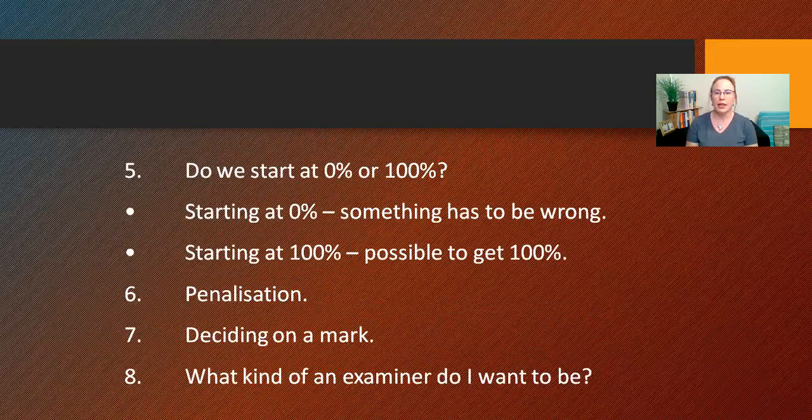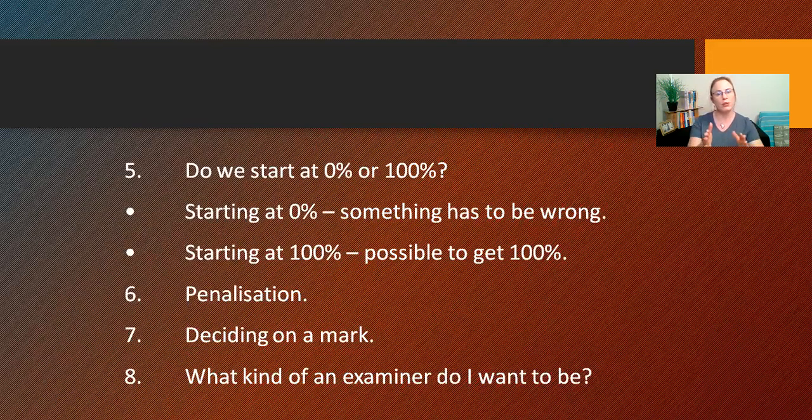The next thing, and this is very important, is where do you start? Do I start from 0 or do I start from 100? If you start from 0, you basically assume that it's almost impossible to get 100%. The scenario I want to paint here: you have amazing students. They are so talented.